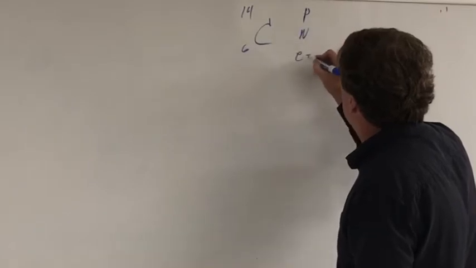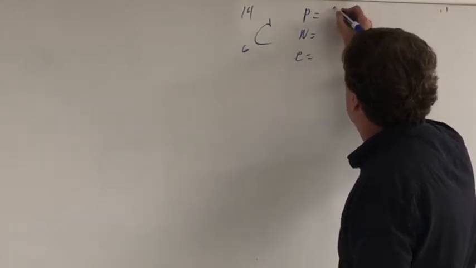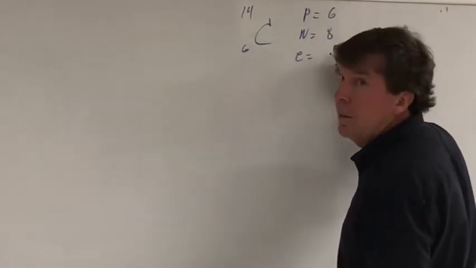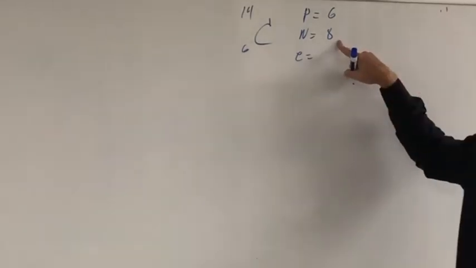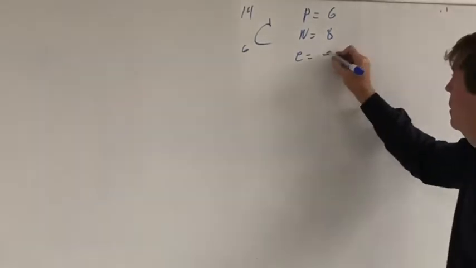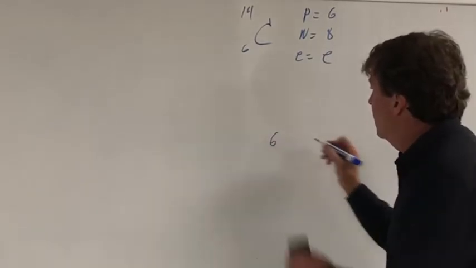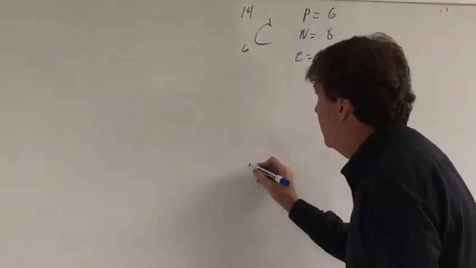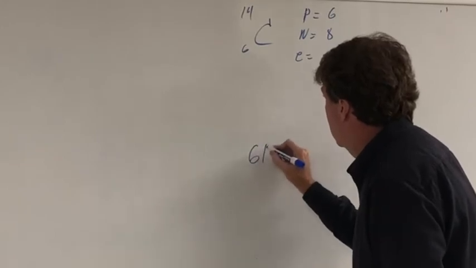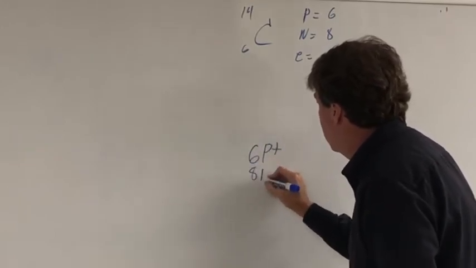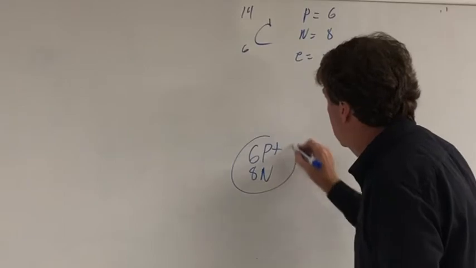Protons, neutrons, and electrons. 6, 8. You with me on this, Nick? With me with 8? Okay. There we go. And let's go ahead and draw 6. I'm going to make this fairly big here. 6 positives, 8 neutrons.